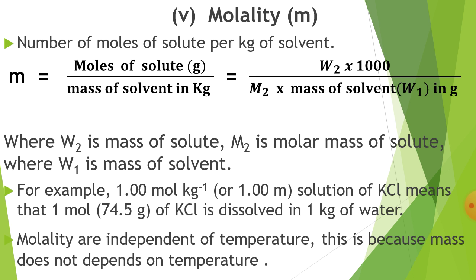By this you know that the number of moles is given and the weight of solvent is given. As molality involves mass, that's why molality is independent of temperature, because mass does not depend upon temperature. So this is a temperature independent quantity.